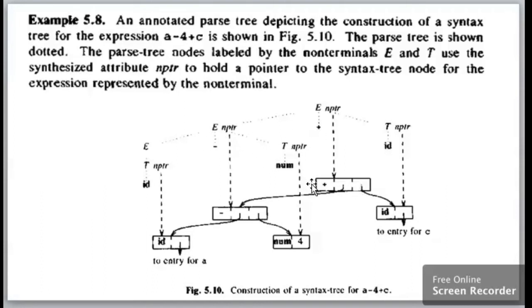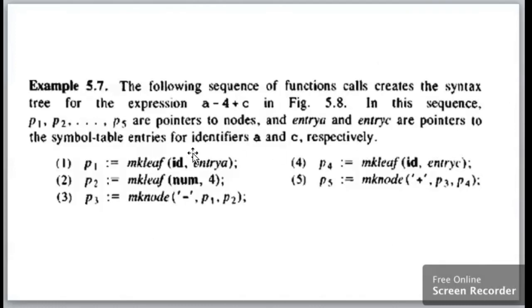Here this side left is going to represent this pointer. So it was P1, this was P2, this is P3. So this is going to be P3 comma P4, and this is going to be generated for P5. This is what we have represented over here.